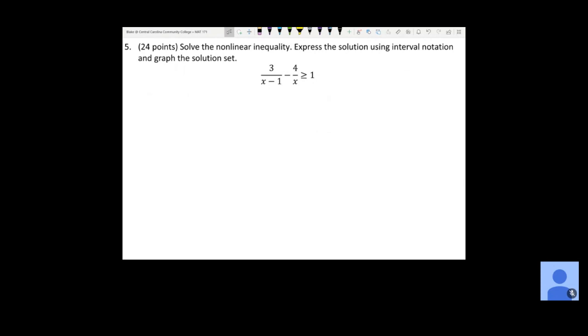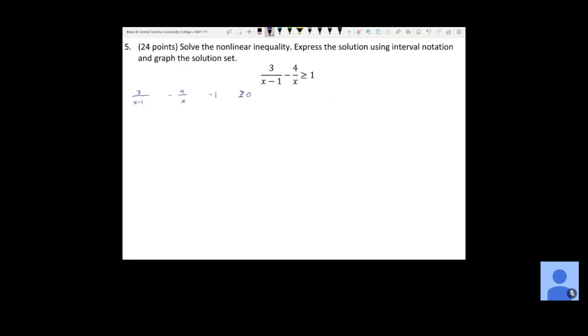Move the 1, right? Okay, we're going to combine all of our fractions eventually. So the first thing, let's go ahead and move the 1 to the other side. Then we'll figure out what the fraction needs to be so we can combine everything. So that's going to give us 3 over x minus 1 minus 4 over x, and then minus 1 greater than or equal to 0.